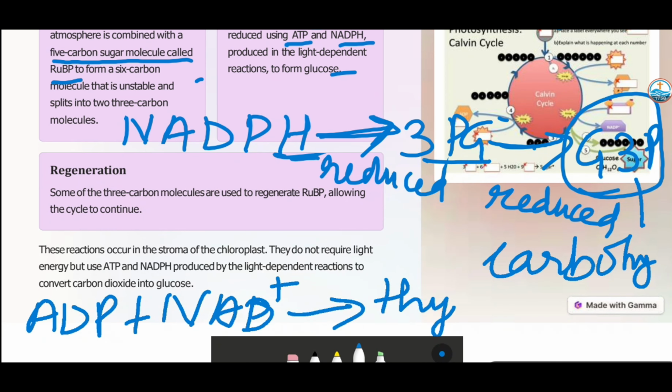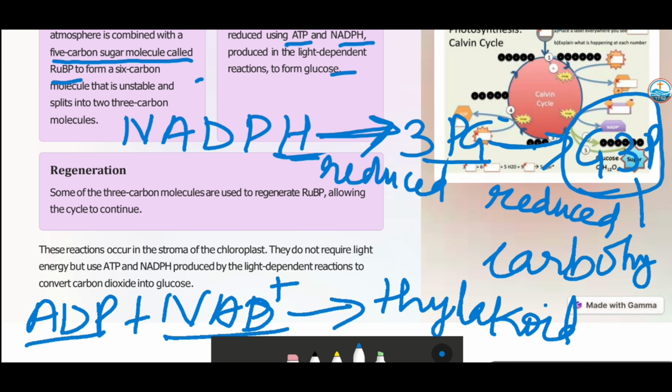Why? Because again they will convert to ATP and NADPH for the Calvin cycle to take place. ADP will convert into ATP by adding the phosphate molecule, as we have studied, and NADP plus will be converted again to NADPH.